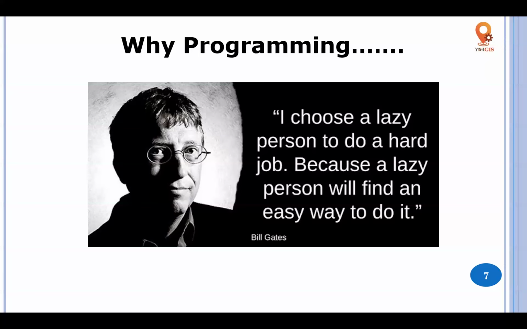So ultimately the requirement of programming or development is to reduce the manpower. Second thing is to improve the productivity.